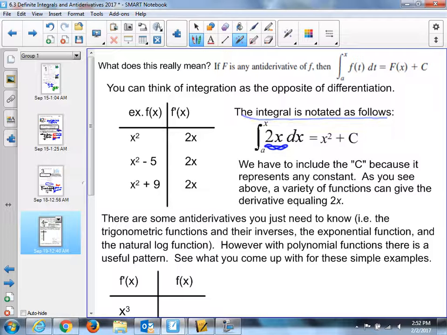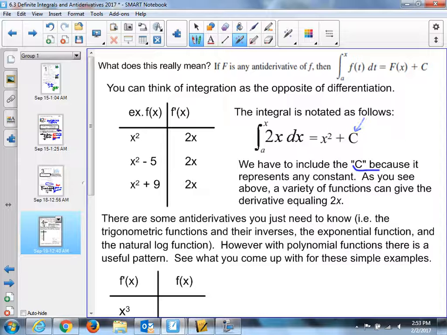It's going to be x squared, but I don't know if it came from x squared plus 0. I don't know if it came from x squared minus 5 plus 9, a billion, and so on, right? So this is why we say x squared. That's the part I do know for sure. But I don't know if there was something added on. We have to include this plus c part because it means any constant.